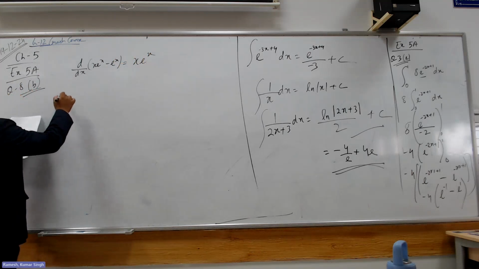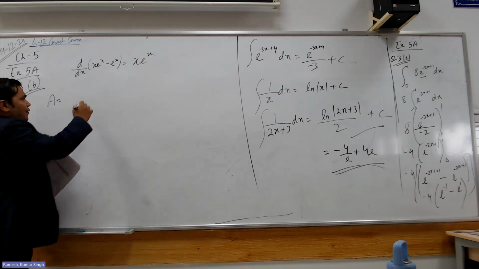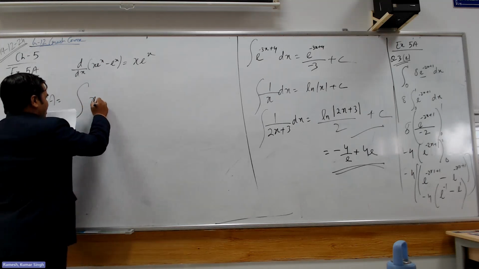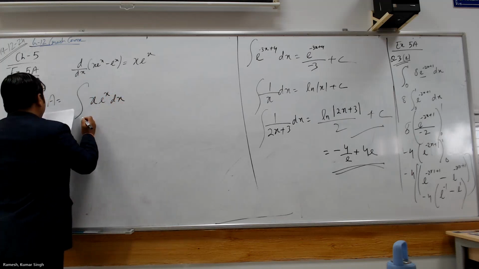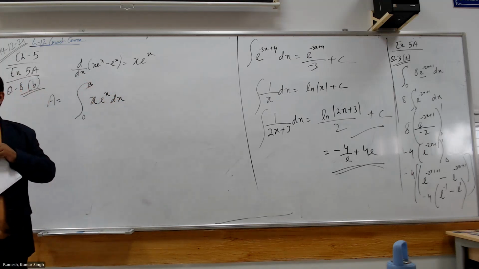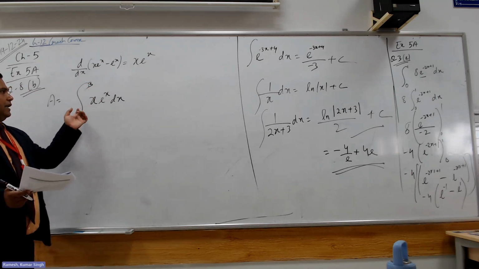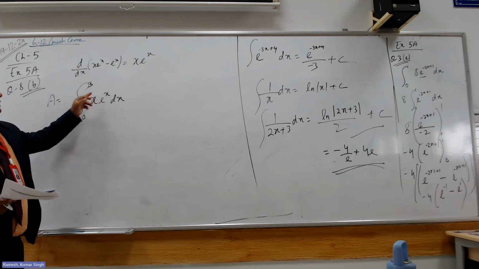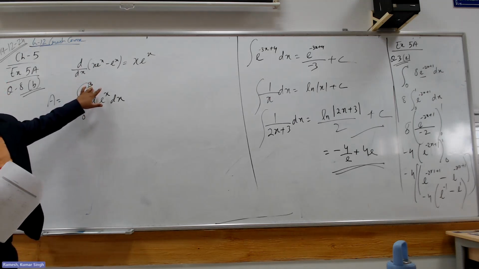In part B, because we want to find the area, we need to do the integration of the curve, which is xex, from 0 to 3. This is what we want to find.